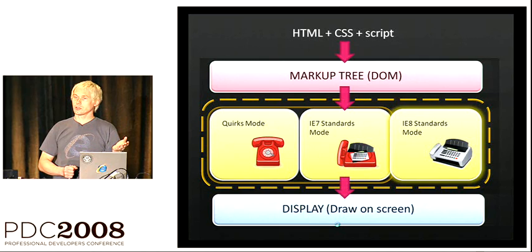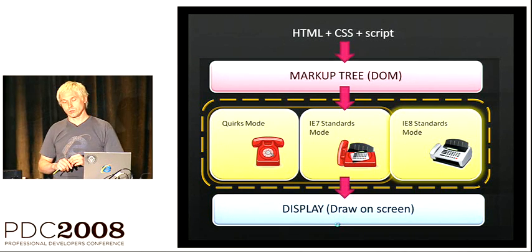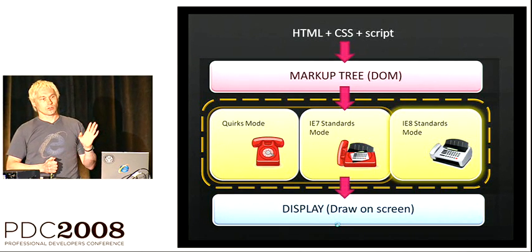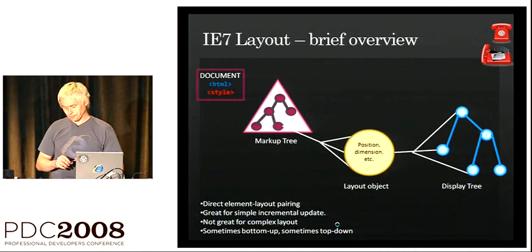The parser is somewhat different from IE7 when you're in IE8. Display is different. The object model is more standards-based, like getElementById works differently in different modes. So it can be compatible in old mode, and it can be standard in the new mode. I will not go into much detail about that. I'm going to talk about layout engines.